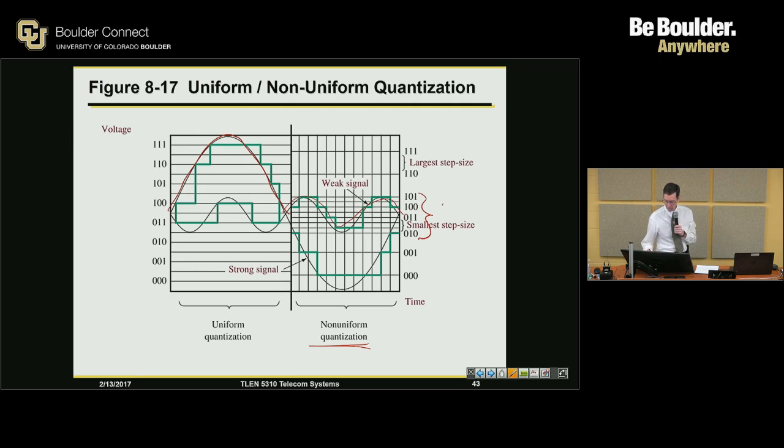My large signal is deteriorated a little bit, but I can tolerate that better because my signal is large to start with. That's what we're doing in the telephone network: we take the small signals and have a smaller step size for them, and for the large signals we have a larger step size, and that's the companding that we do with mu-law.